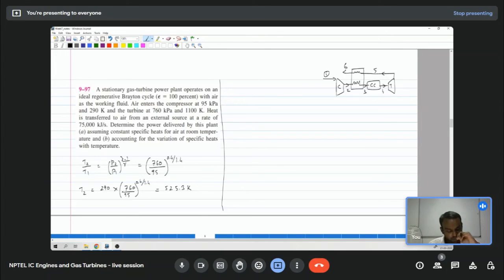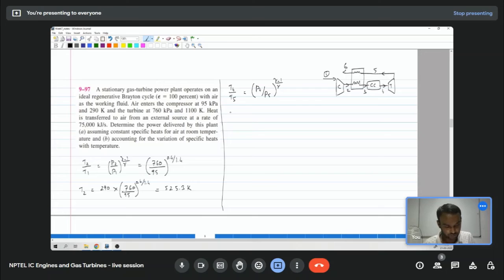This is the compressor outlet temperature, and similarly we know that the turbine inlet temperature is 1100 Kelvin, and we can also assume the same pressure ratio. T4 by T5 is equal to the pressure ratio whole power gamma minus 1 by gamma.